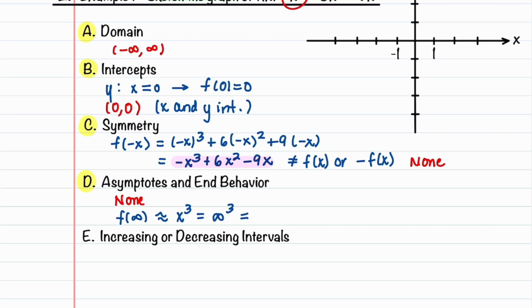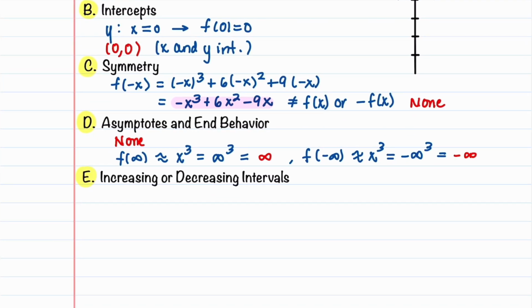So as x goes to infinity, our function is going to go to infinity. And then f at minus infinity is approximately x cubed, which is minus infinity cubed, and we'll say this is minus infinity. So as x goes to minus infinity, our function is also going to go to minus infinity.